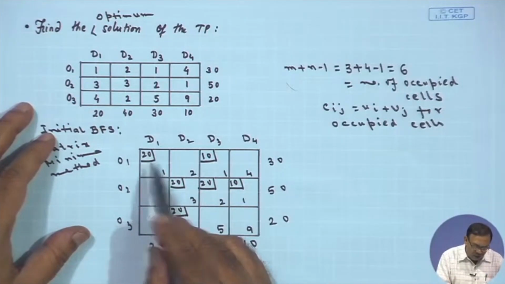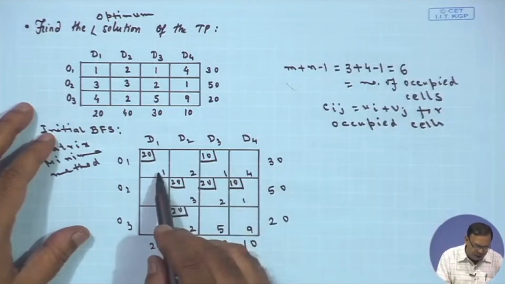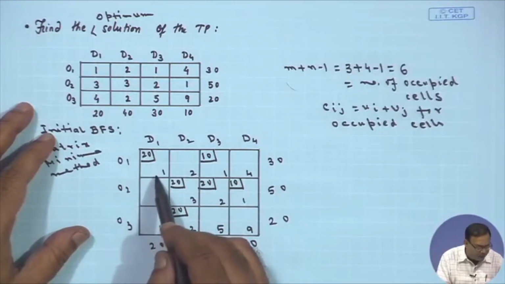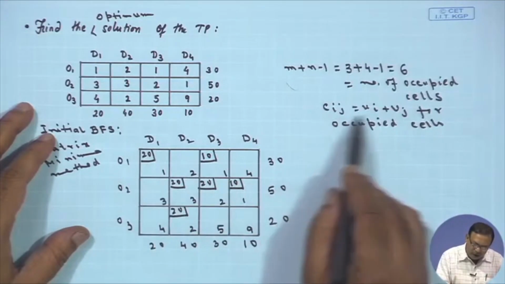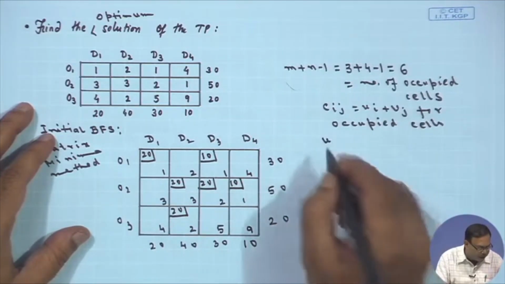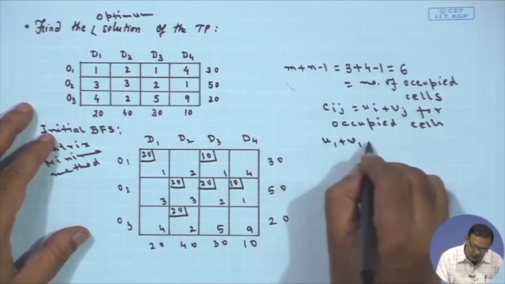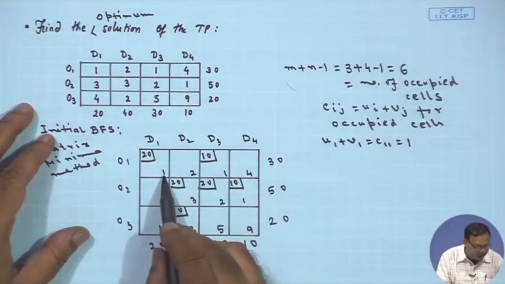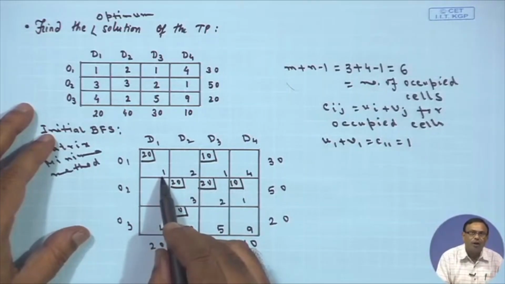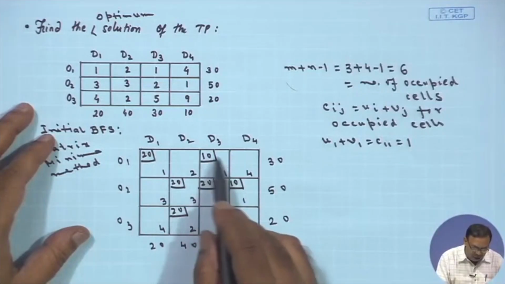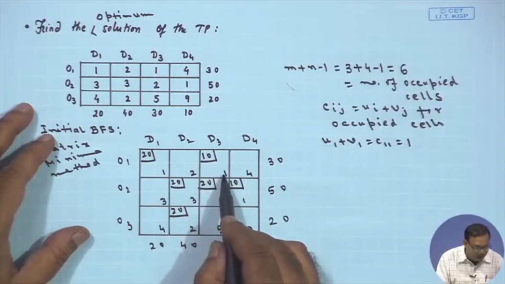The first occupied cell is this one, 1 comma 1. Here i is 1 and j is 1, so you obtain U1 plus V1 equals C11, and the cost C11 is 1. The next occupied cell is 1 3.